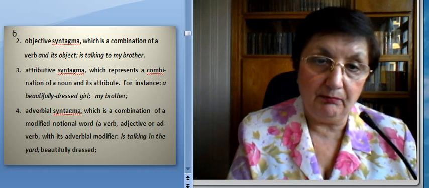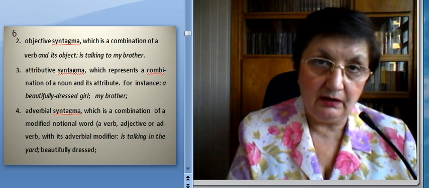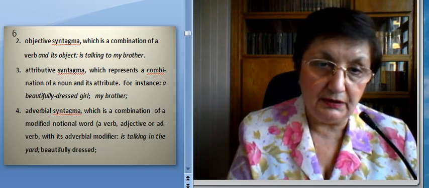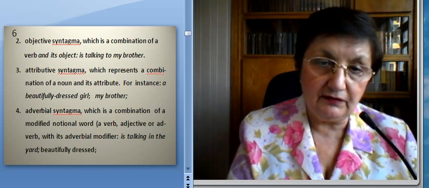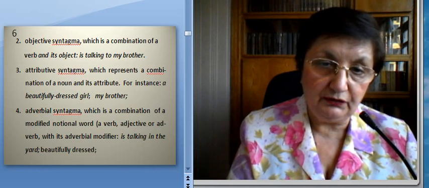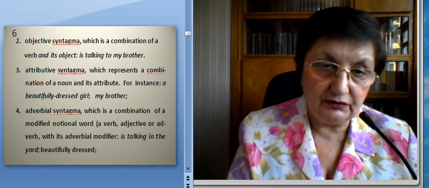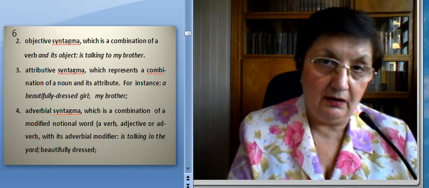The last type of syntagma is an adverbial syntagma, which is a combination of a modified notional word, such as a verb, adjective, or adverb, with its adverbial modifier. In our sentence, we have two adverbial syntagmas: is talking in the yard and beautifully dressed.